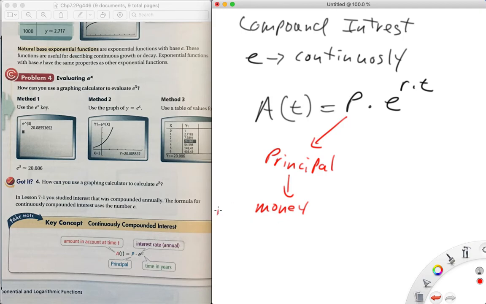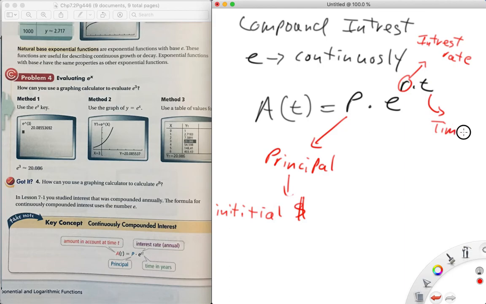I'll say initial. Your initial money. R, that's your interest rate. And t, that's your time. And usually time is measured, in this case, in years. And if you wanted to do it in months, you would just have it some fraction out of 12.